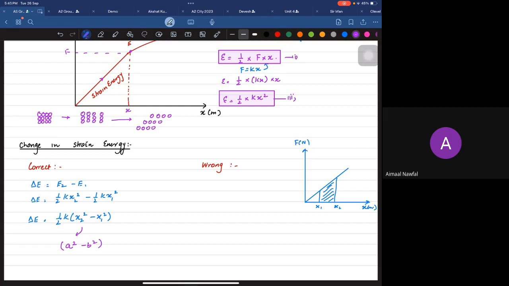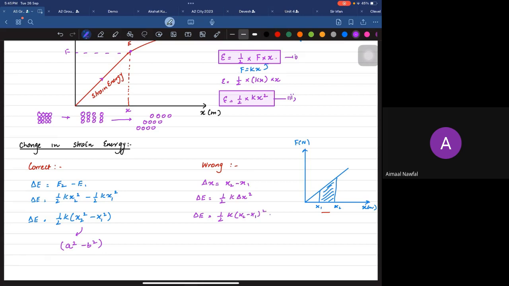But what most people do is find the change in extension. They write delta x equals x2 minus x1, and then they think the change in energy will be half k delta x square, so the formula becomes half k (x2 minus x1) whole square.